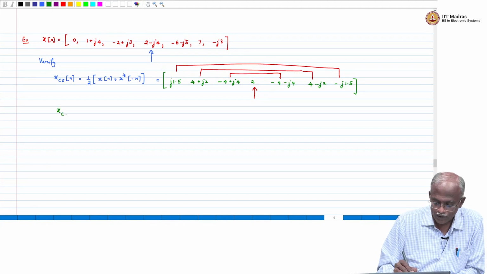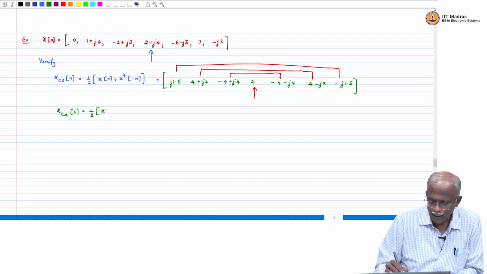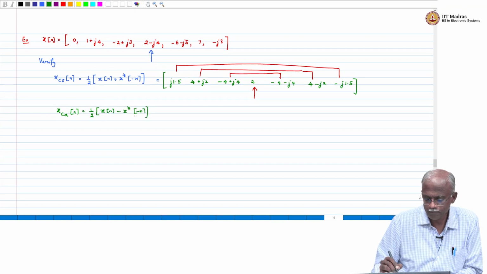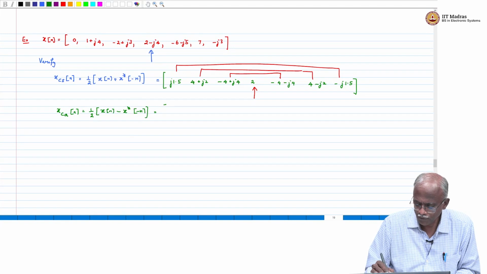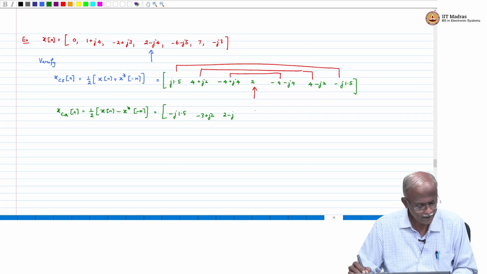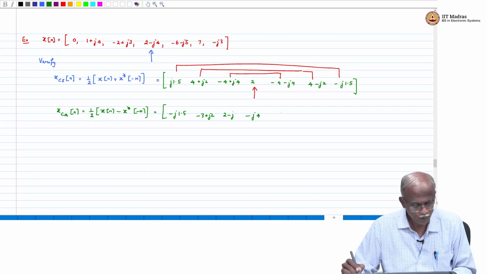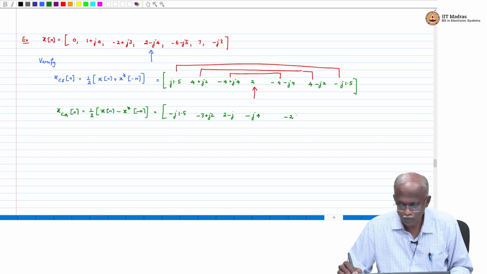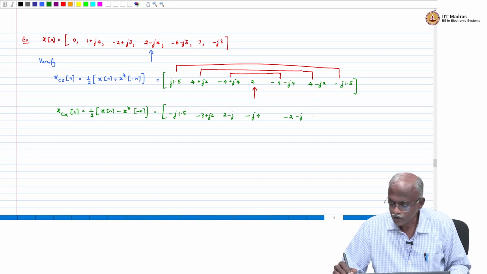Conjugate antisymmetric sequence, x ca of n, again you can do the simple calculation, it will be x of n minus x conjugate of minus n. Please verify the following: minus j1.5, minus 3 plus j2, 2 minus j4, minus 2 minus j, 3 plus j2, minus j1.5.